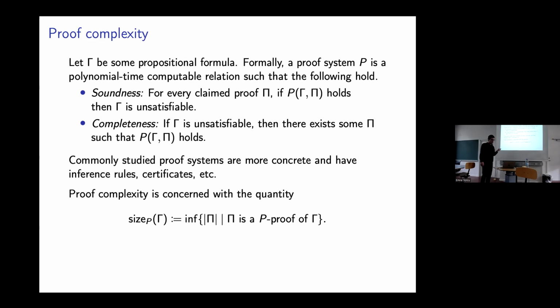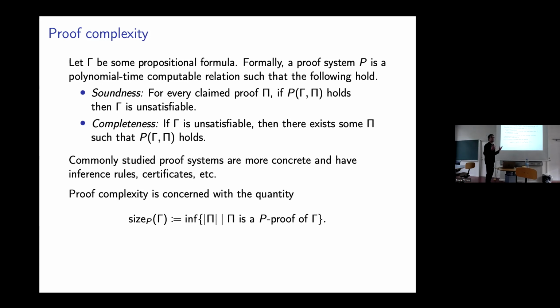In proof complexity, you pick some proof systems and study what happens to this quantity. The big question is whether there exists a proof system that is polynomially bounded, and that says that for all formulas, you require the proof system to have polynomial size proofs of that formula, and size with respect to the size of the formula here.